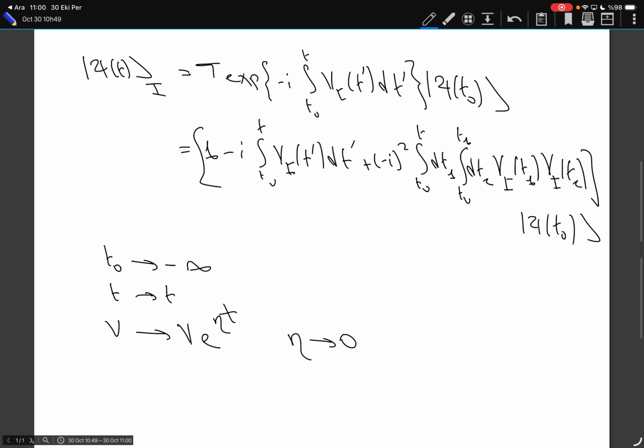So basically what I'm assuming is that at t equal to minus infinity, there are no interactions. In the wave packet description, it doesn't really make any difference because the packets are already very far away. So they won't be interacting. The interaction can be neglected, so whether the V is there or not, it doesn't really change much.